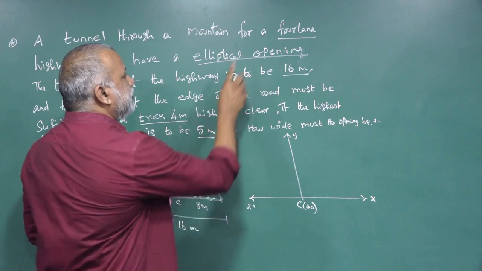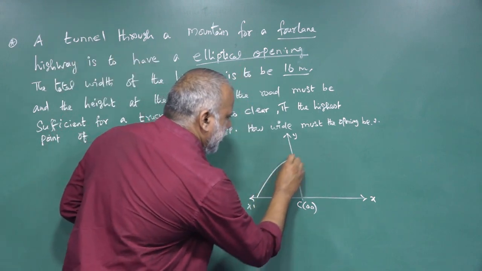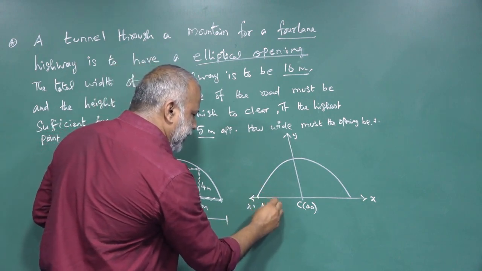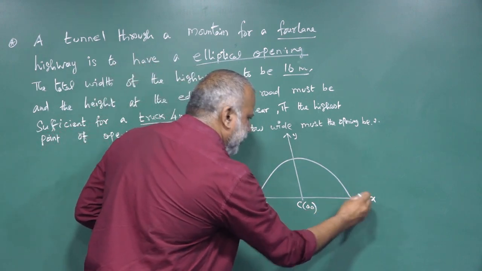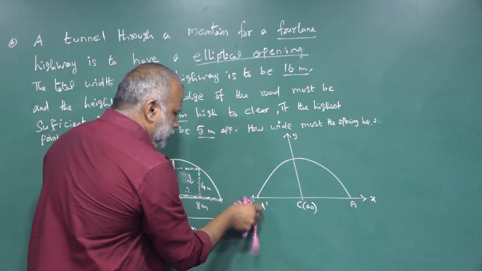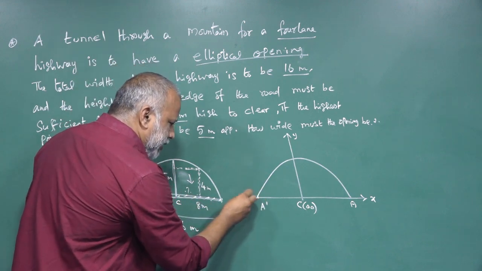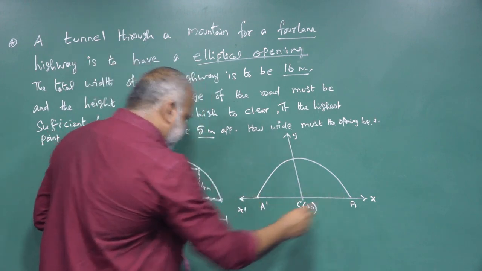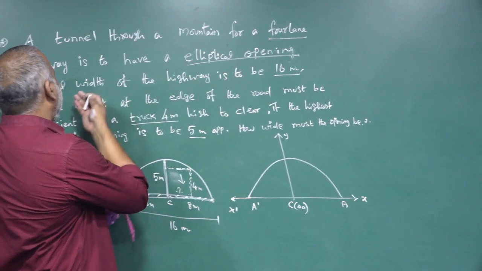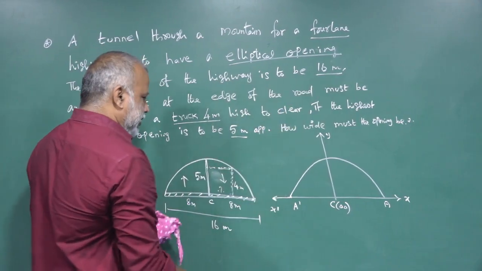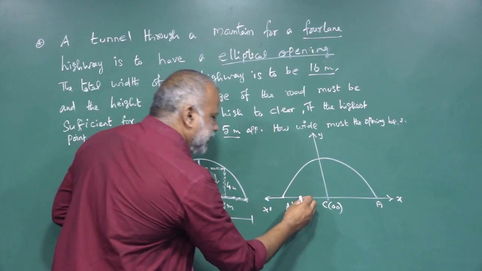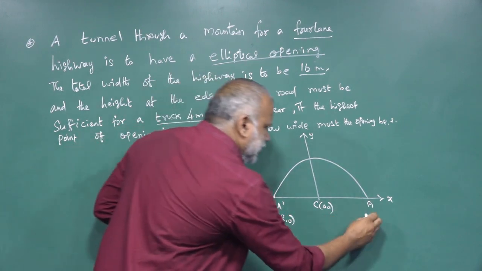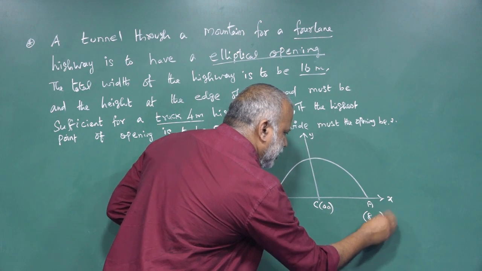I am taking an elliptical opening. In this elliptical opening, see this is A dash. This must be A. We are already well aware of the diagrammatic explanation of an ellipse. So it must be x dash. Total distance is 16, that must be called the width of the highway. We are splitting it, already 8. Therefore, this point is considered to be (minus 8, 0). This A is considered to be (8, 0).